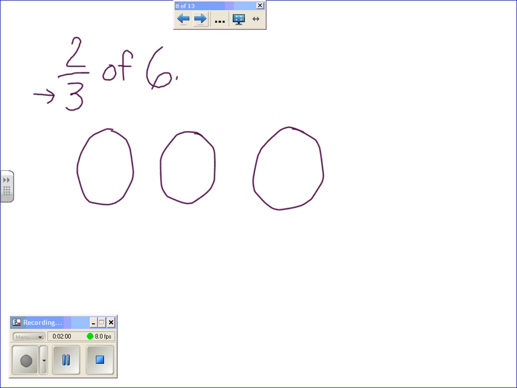The number we're looking for is 6. So I'm going to fill these circles up with 1 at a time until I reach my number of 6. 1, 2, 3, 4, 5, 6. Now I have my whole number totally accounted for.